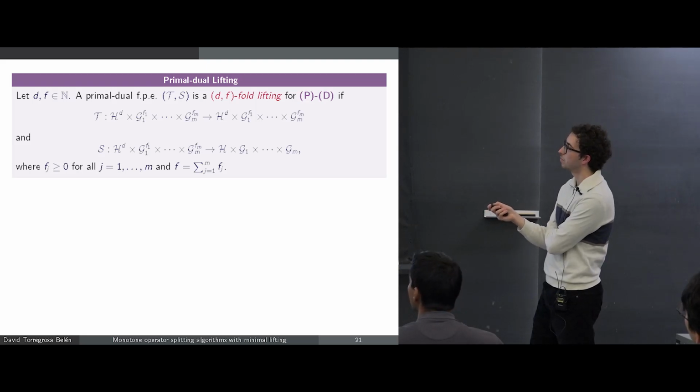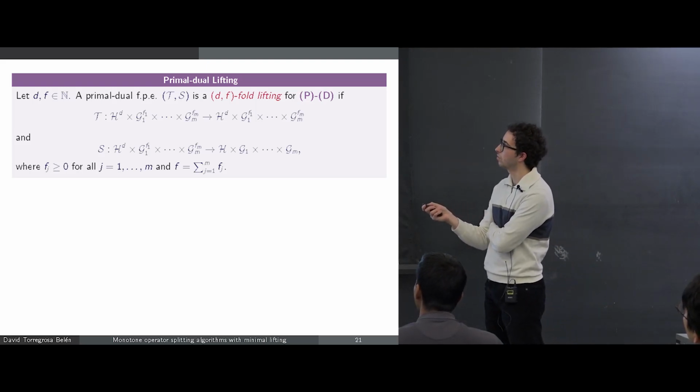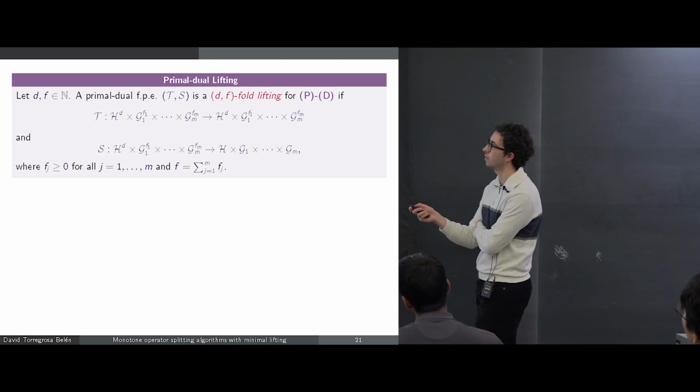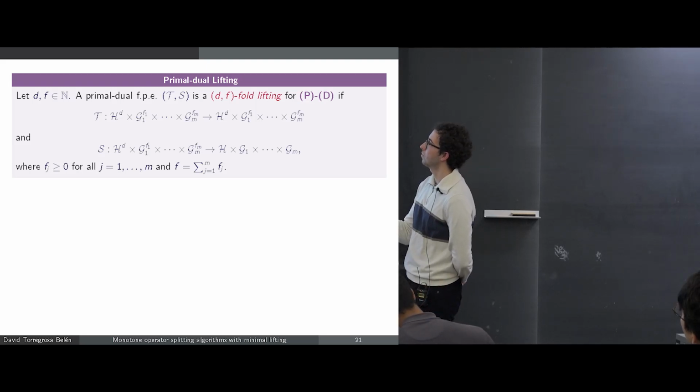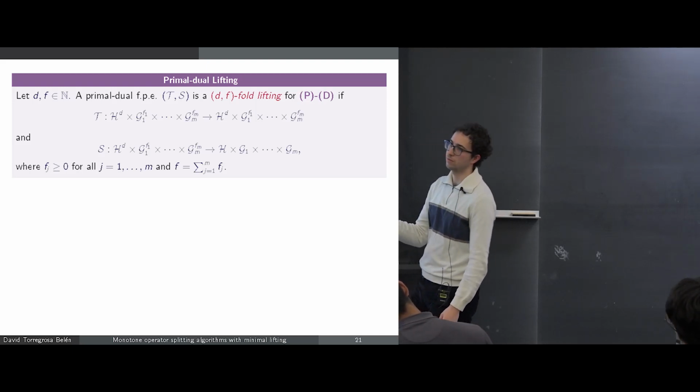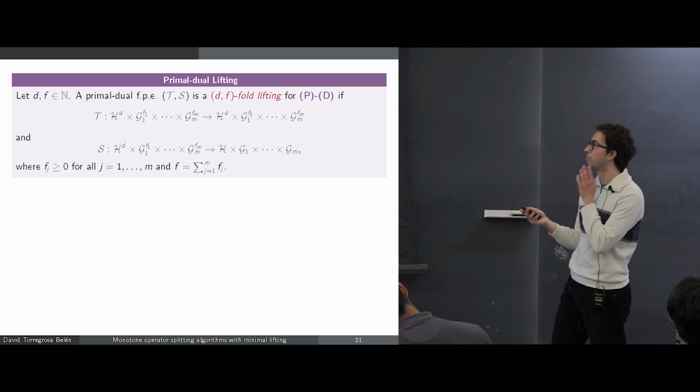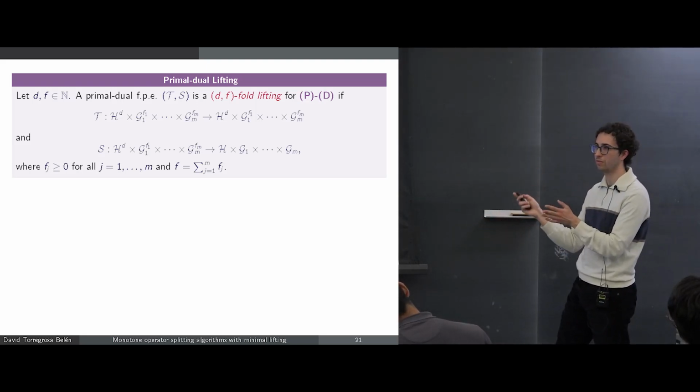Given a fixed point encoding, we said that it has df lifting, where d is for the primal variables and f for the dual variables, if both the fixed point operator T and the solution mapping are evaluated in this product space here, which has d copies of the primal variables, and the total number of copies of the dual variables is the sum of all these exponents. That is, you have f copies of the dual variables independently of which space they are in.